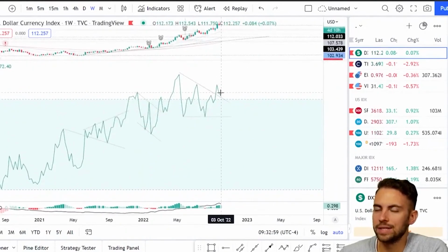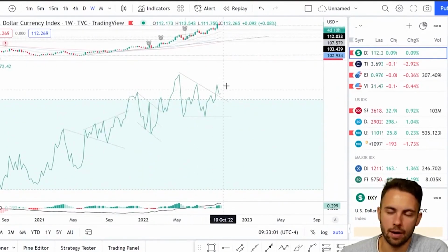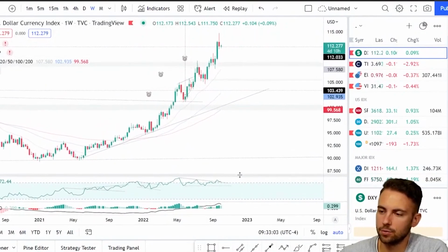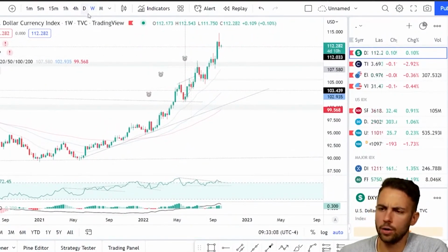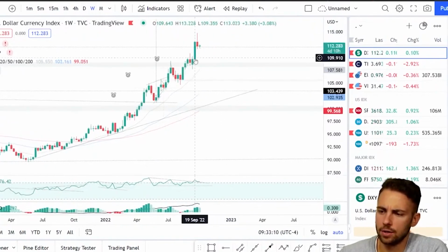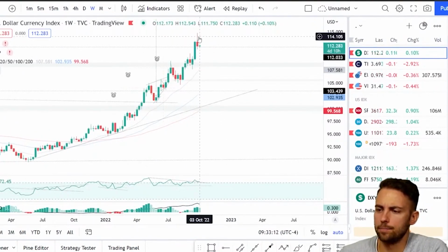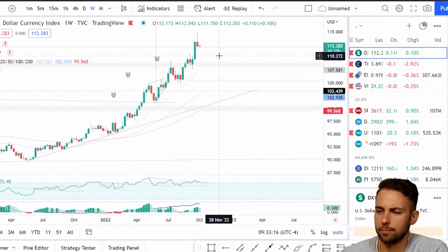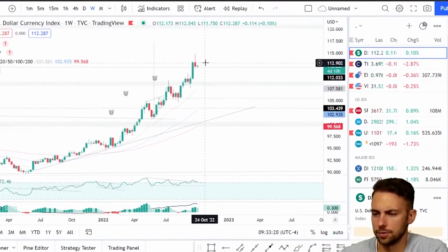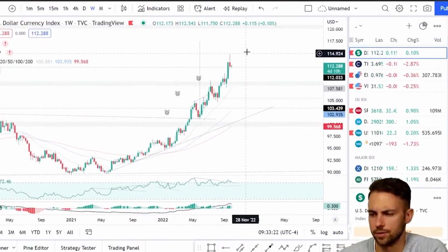We are right now retesting the upper band of this triangle, which means we are prone to move higher. On a weekly chart, we have formed a pin bar that is usually bearish, but with the juxtaposition of different indicators, right now the trend is very strong.